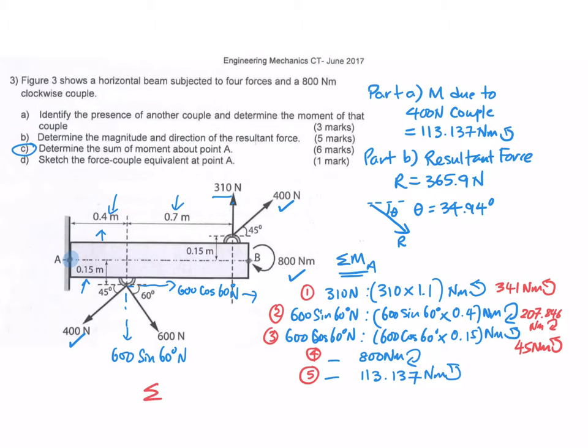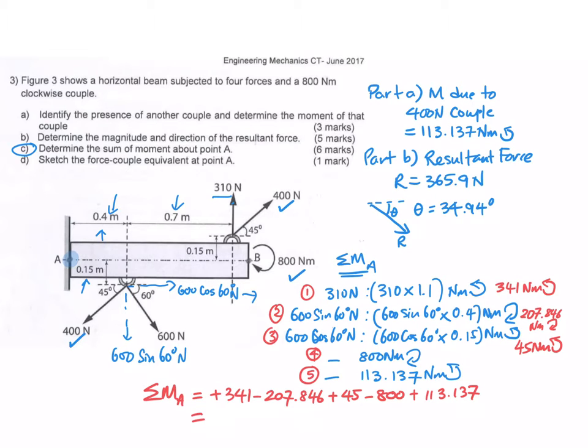So sum of moment around point A is equal to positive 341 Newton meter minus 207.846 Newton meter plus 45 Newton meter minus 800 Newton meter plus 113.137 Newton meter.